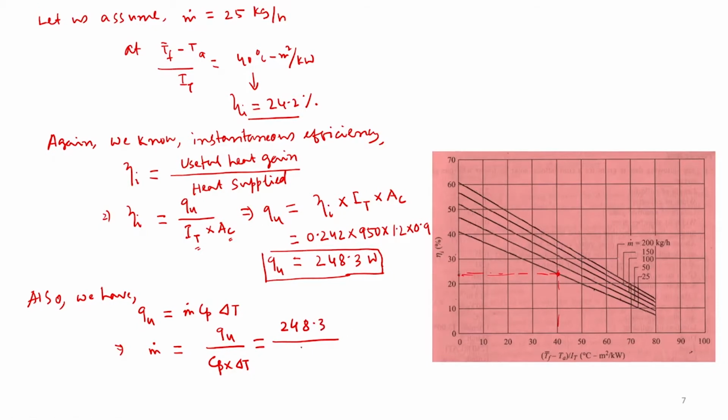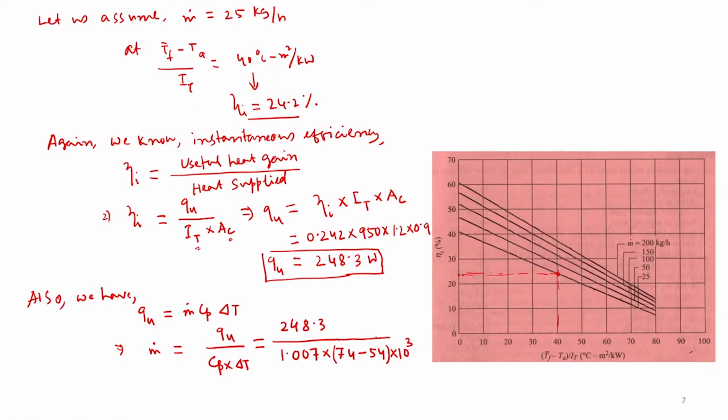248.3 divided by Cp, which is 1.007 multiplied by 74 minus 54, and we need to multiply this by 10 cube because this is in kilojoule per kg per degree temperature.